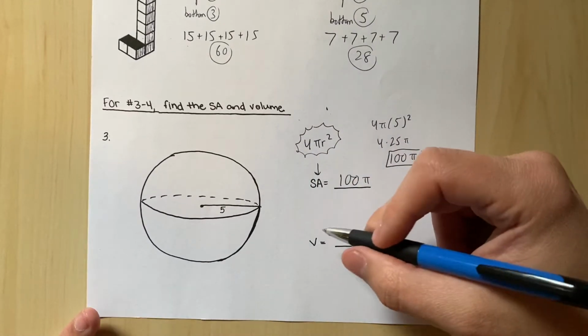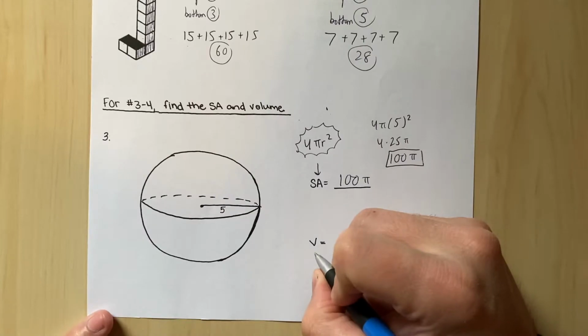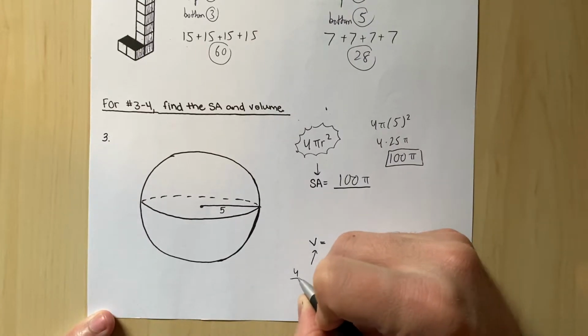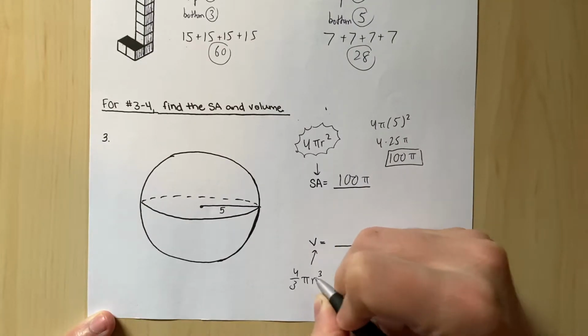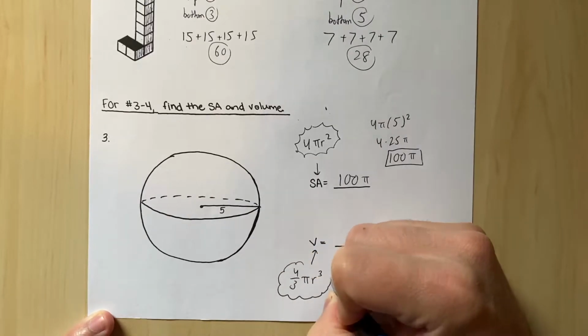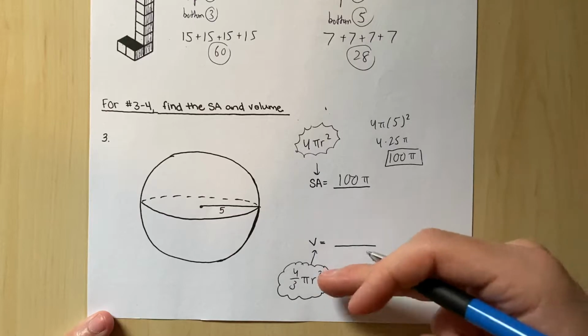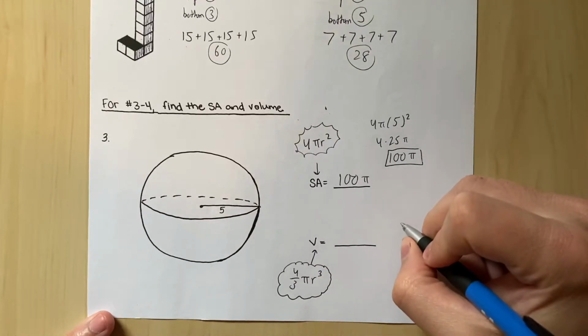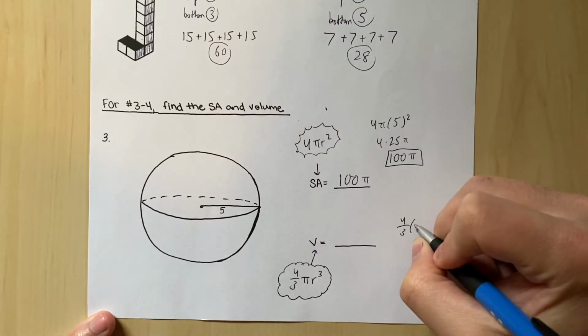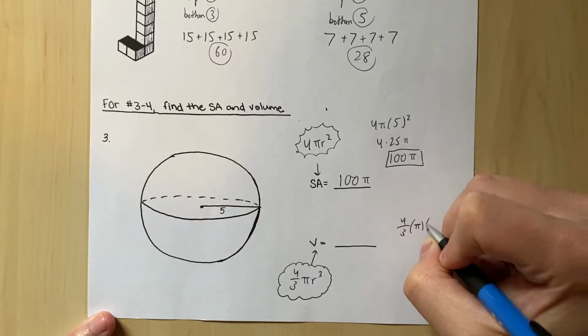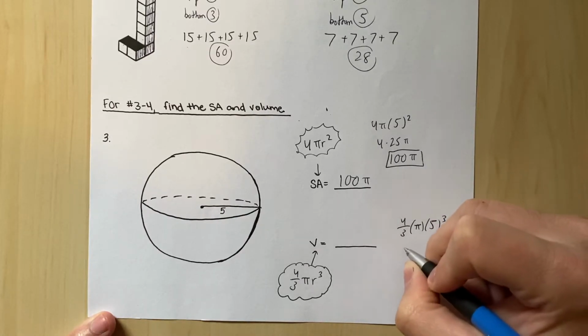Okay, the formula for volume is also kind of a weird formula. This is 4/3 pi r cubed. Okay, this is another weird formula. But again, very basic once you know it. And you should have this on you while you're doing these questions. So it's 4/3 pi 5 cubed.